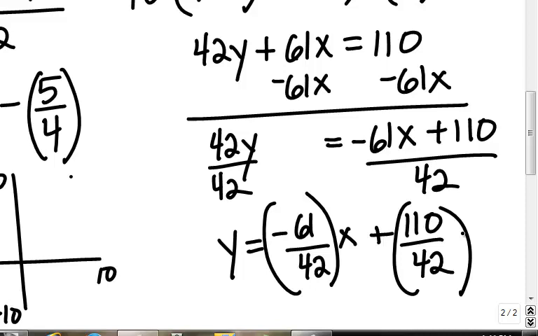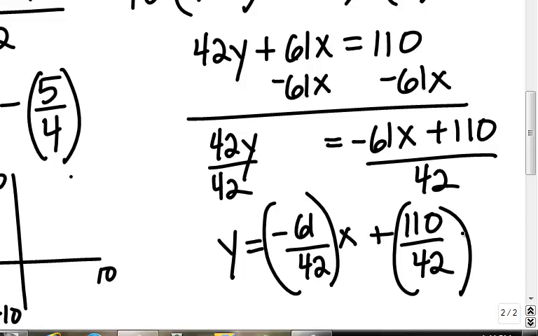Okay, so on your calculator, go to y equals, go down, get your cursor down right by the equal sign on y sub 2. And then we're going to put in that equation. So let's go parentheses, -61 divided by 42, close the parentheses, x plus parentheses 110 divided by 42, close the parentheses.